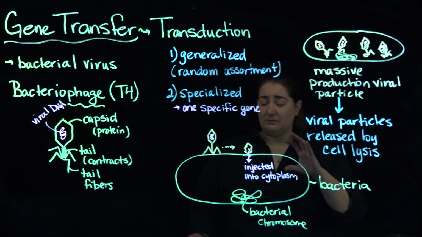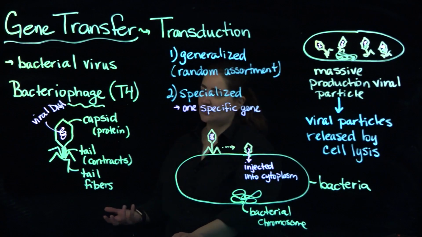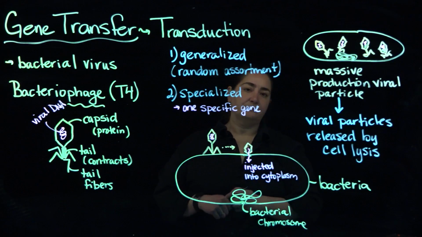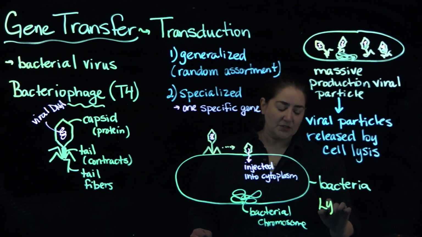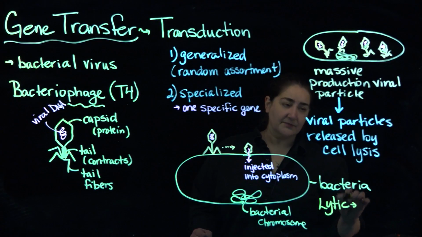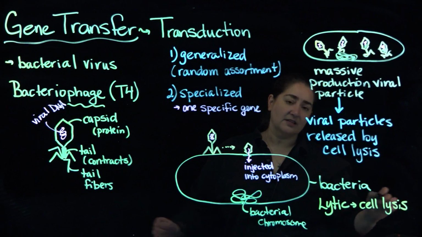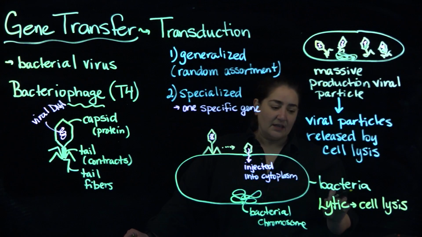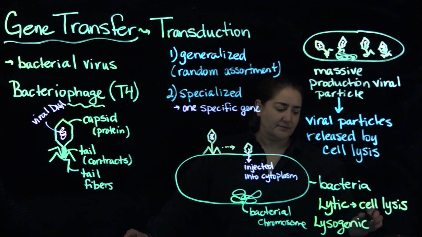Part of this that I haven't told you about yet, because we haven't talked about viral replication, is that with this process there is what's known as a lytic phase, and that's what I described here. You end up with bacterial cell lysis. And then there's also the lysogenic phase.